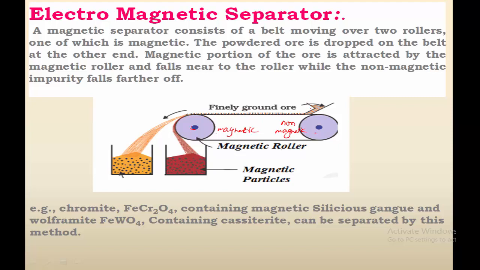Okay, so here upon pouring the ground ore on the moving belt, the non-magnetic materials move away from the roller and magnetic materials move near to the roller, and hence the impurities and ore particles get separated out. An example is chromite containing magnetic siliceous gangue, and wolframite containing cassiterite can be separated by this method.